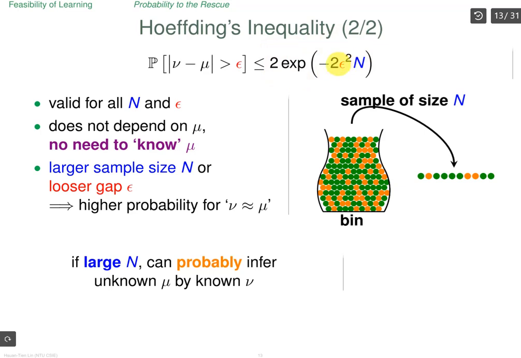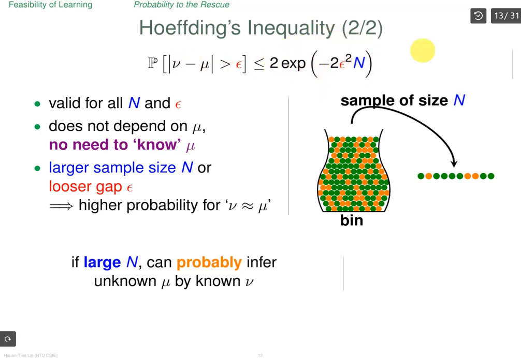For that, we have 2 parameters, if we can call them parameters: epsilon and the number of marbles, in this case the sample size. A larger sample size or a looser gap between these two will make this side of the inequality very, very small.